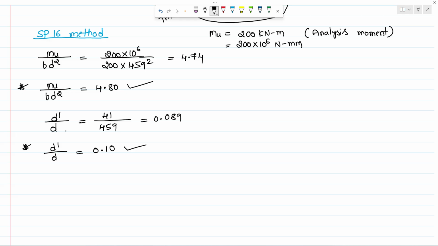So now you can refer table 55 of SP16 on page number 91.